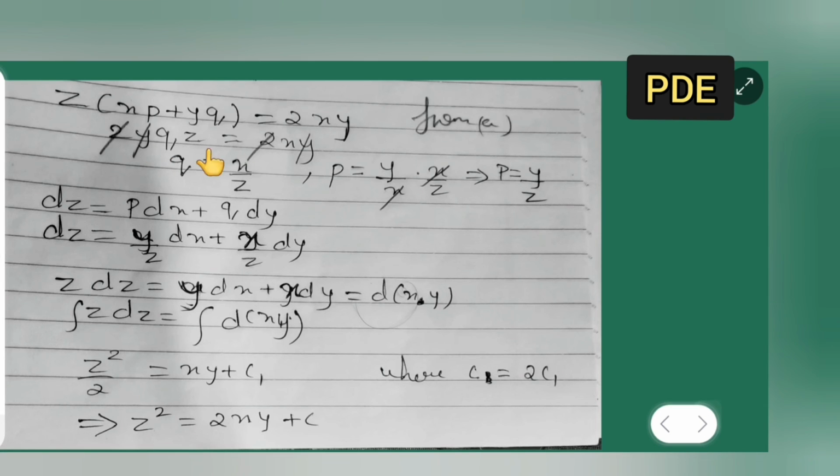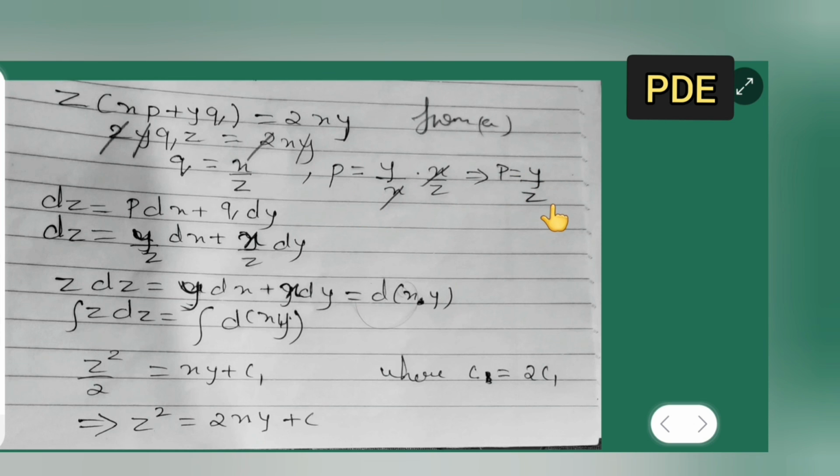So plug the value over here, is equal to 2xy. So y and 2 will get cancelled. So what will remain is q is equal to x upon z. Then substitute in p. p was what? p is equal to y upon x into y into q it was, right? So q is nothing but x upon z. So x term will get cancelled. I will get p is equal to y upon z.